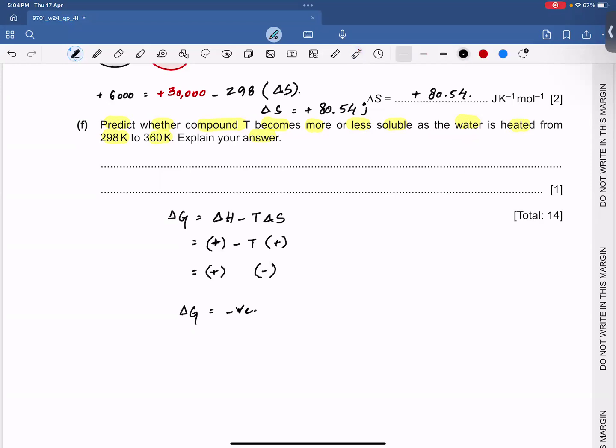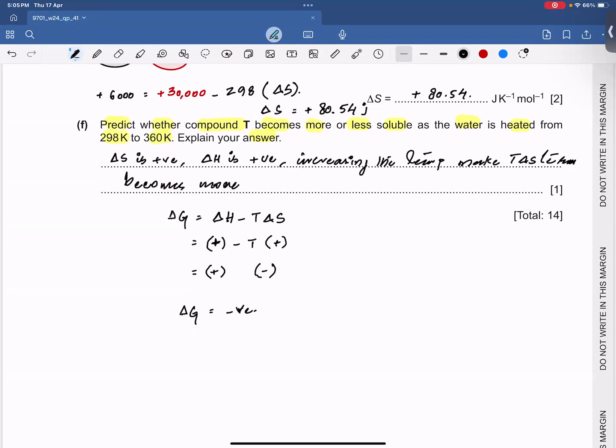So, delta S is positive. Delta H is positive. Increasing the temperature makes the T delta S term become more negative.